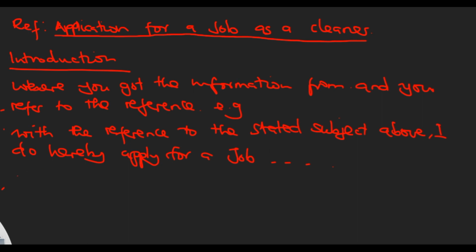And then the main body. What should be there in the main body is, number one, self introduction. Under self introduction, introduce yourself, what they want to hear from you.